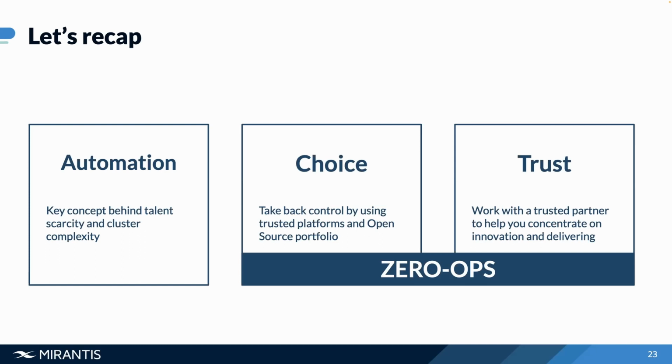And then trust is very, very important, and working with a trusted partner will allow you to accelerate, so you spend more of your time developing and adding value into your code than spending time operating open source components within clusters or doing all the operations of your clusters, right? And this is what we at Mirantis call ZeroOps.